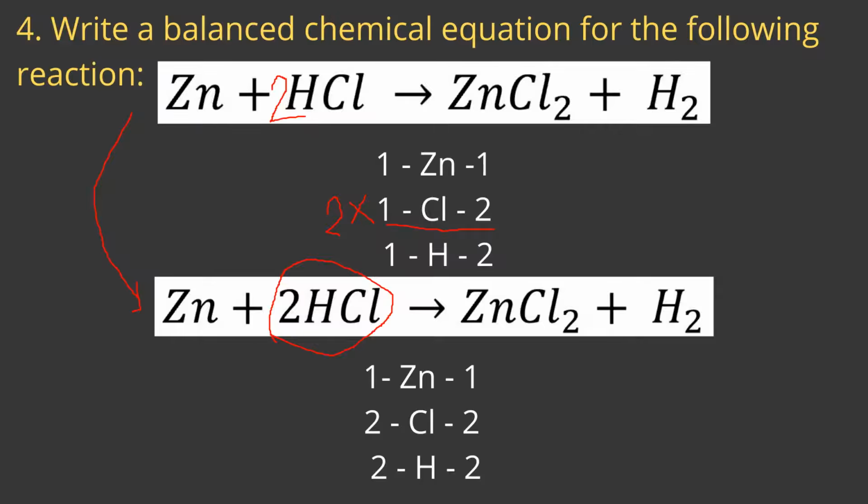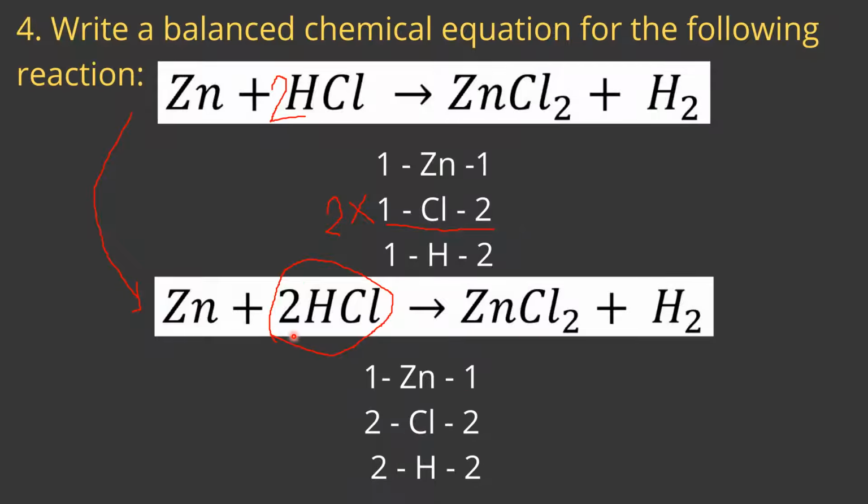Zinc is still 1 on both sides, left and right. Check your chlorine: this 2 is for both the hydrogen and the chlorine, so we have 2Cl, and on this side you have Cl2, it's balanced.